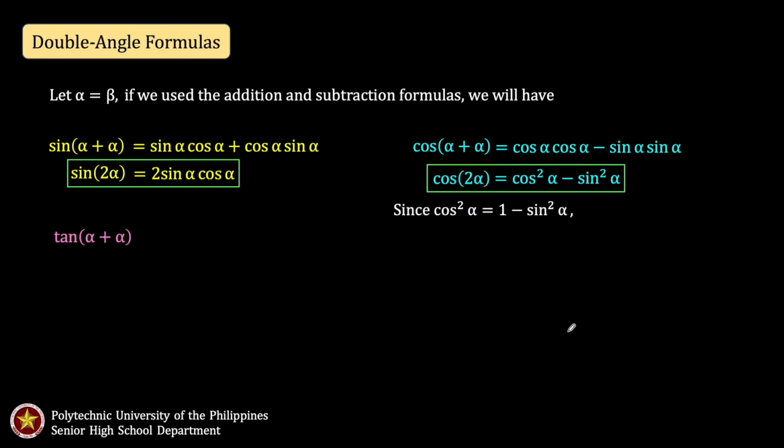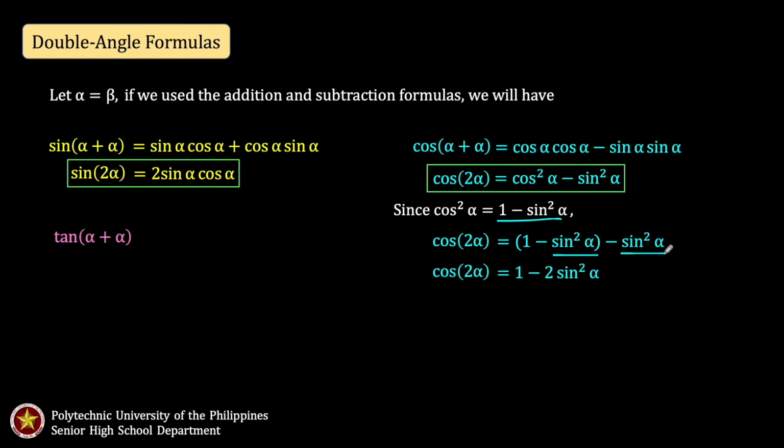In trigonometric identities, cosine squared alpha is 1 minus sine squared alpha. We can substitute cosine squared alpha by this value. We will obtain 1 minus sine squared alpha minus sine squared alpha. Combining like terms, we have 1 minus 2 sine squared alpha.